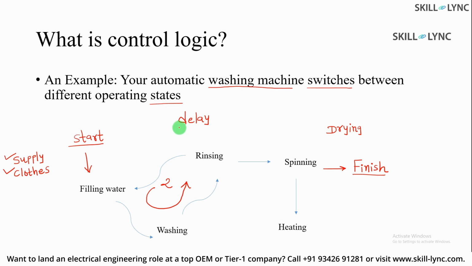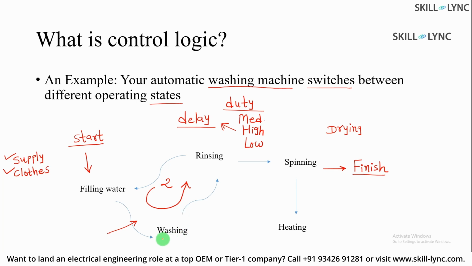According to the duty, which may be medium, high or low, depending on the amount of clothes you are adding, the delay is selected for each state. Whenever the state changes from filling the water to washing, there will be a delay which allows the water to be filled to a certain level.